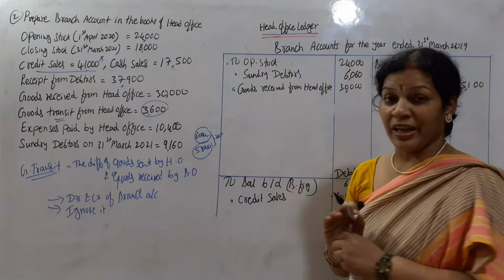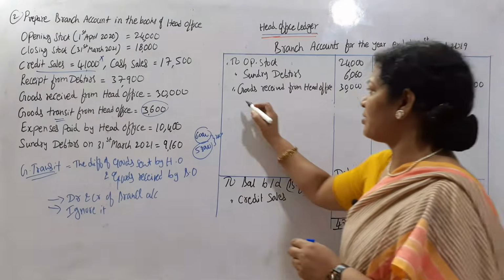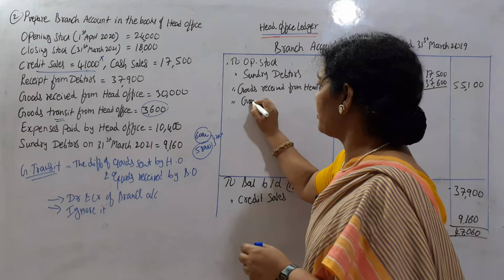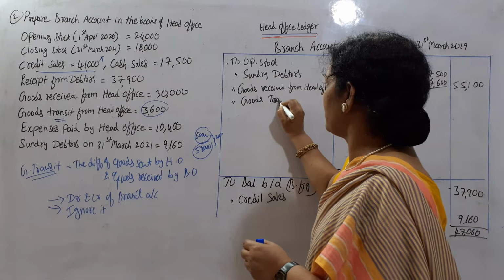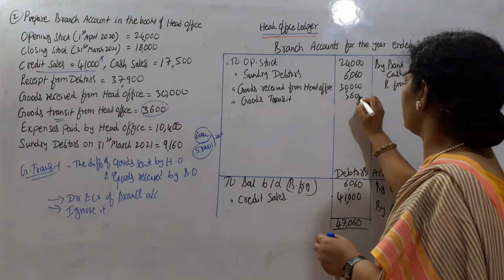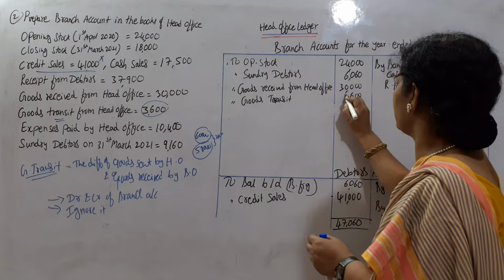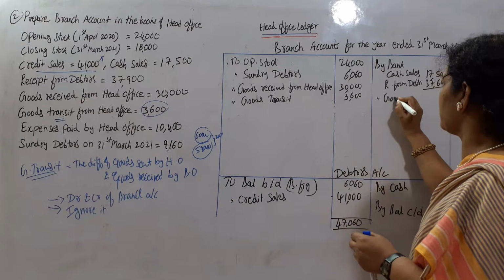Next, goods in transit: both the sides we can write, or ignore it. Let's write both the sides. Goods in transit 3,600, and also on the credit side by goods in transit.